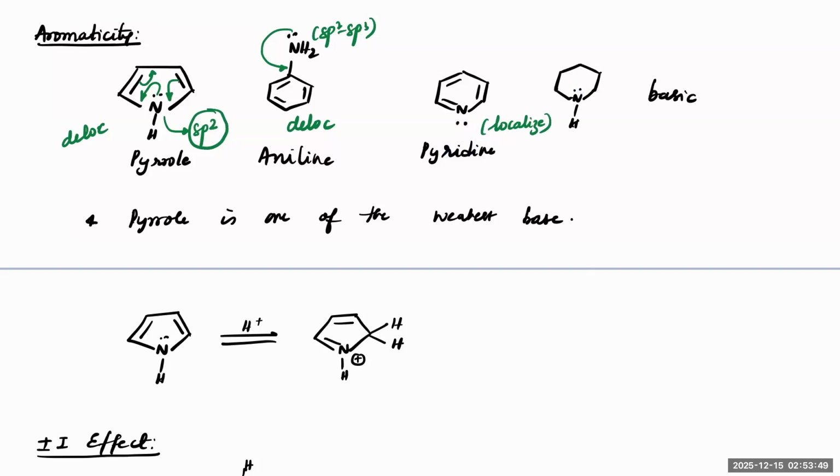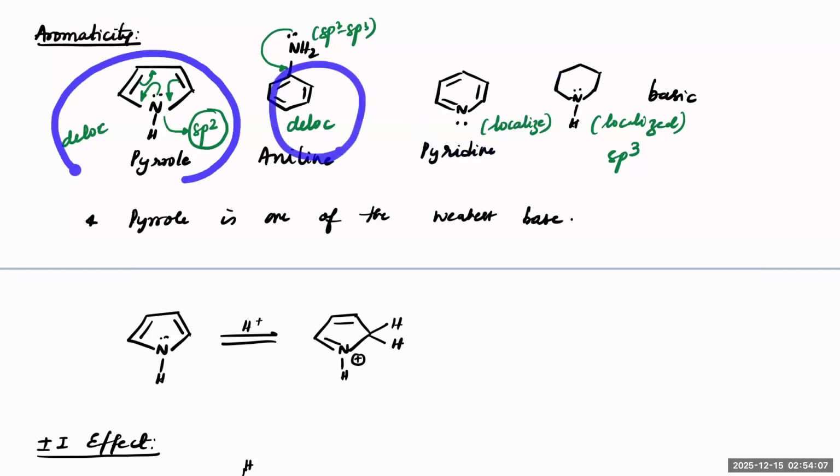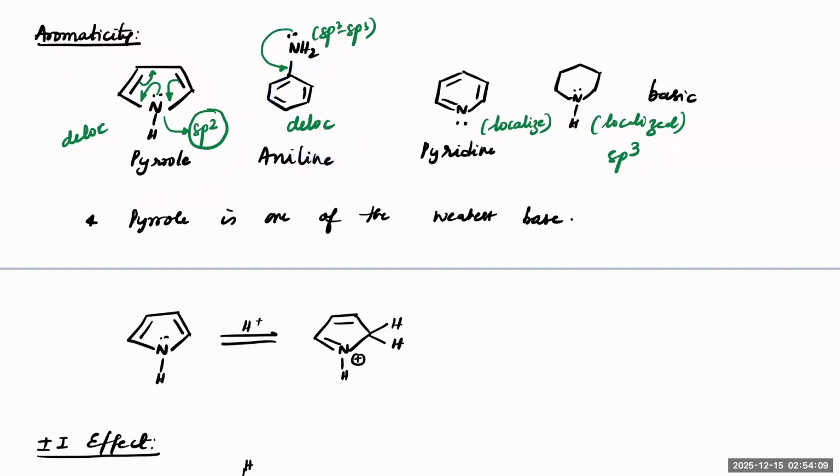Now this lone pair, which is completely localized, is sp3 hybridized. So we have our winner, that this sp3 nitrogen is the most basic one. Then this is still localized. This is better. Then this delocalized, and the most delocalized is the first one. Thus, the basic character should vary like this.